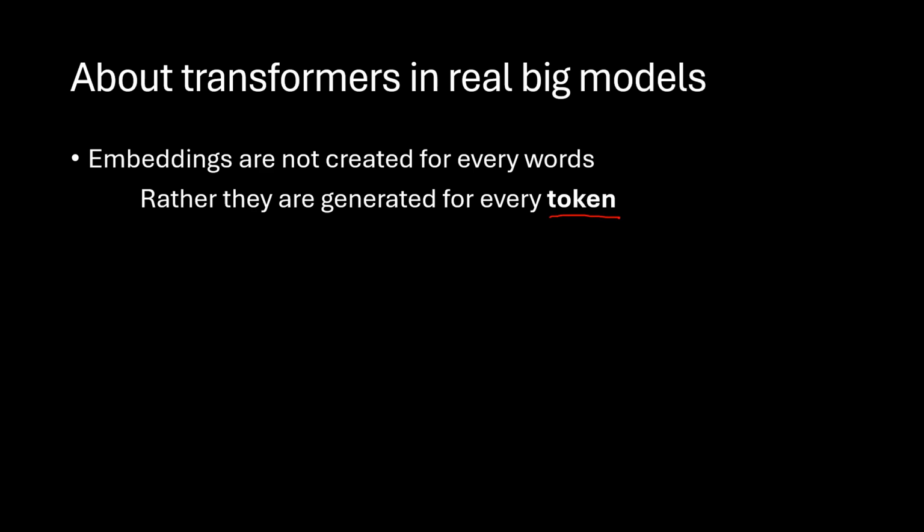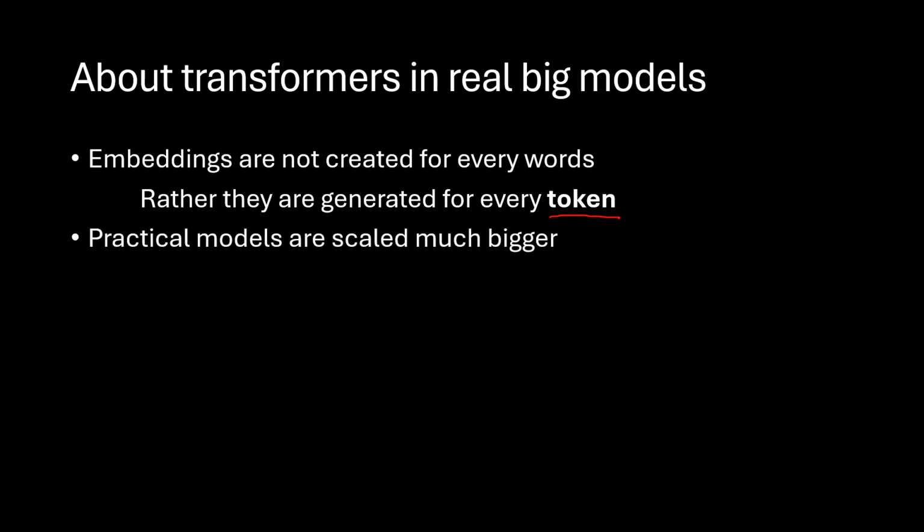What a token actually is is out of the scope of this video. Maybe in some future video I will talk about it. A token can be a word, it can be a part of a word, or it can be several words together. So you can consider a token as a set of characters. It may not be a word, just keep that in mind.